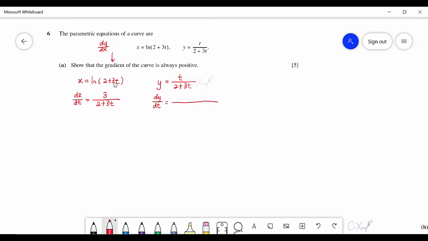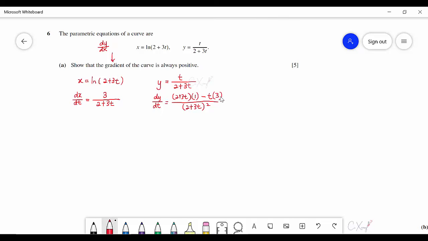To apply the quotient rule, you square the denominator, copy the bottom, that means copy the denominator, differentiate the top, you get a 1. Then minus, you do it the other way around, you copy the top, differentiate the bottom. So you differentiate the original denominator, which is 2 plus 3t. When you do the differentiation, you get a 3.